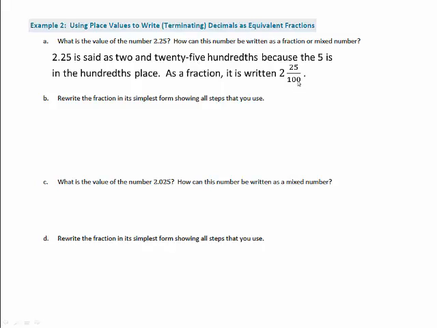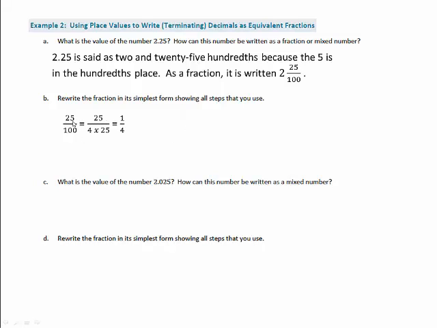25 hundredths. If we want to rewrite this fraction in its simplest form, we can do some interesting things. The way we've done it before is to show dividing or multiplying by a certain number to simplify it. You can also rewrite our fraction in its factors and then cancel things out.